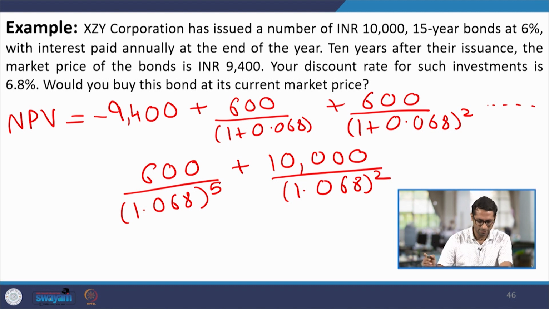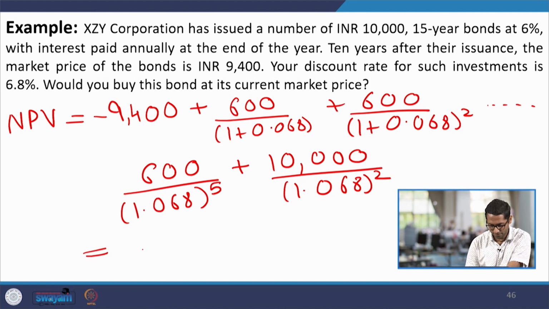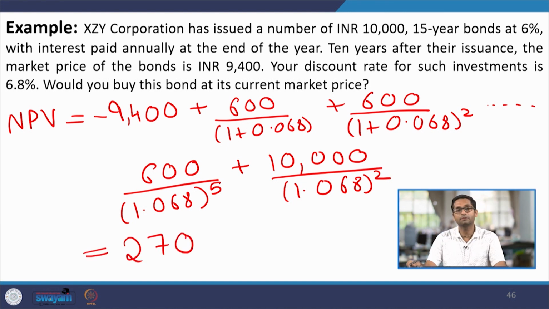If I do this calculation and add them up together, this would come out to be roughly around 270 rupees, which is positive, and it reflects that it would be safe for me to invest in this bond, because finally I would be making some kind of profit out of it, and it is advisable to buy this bond.